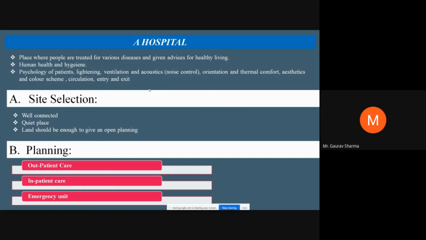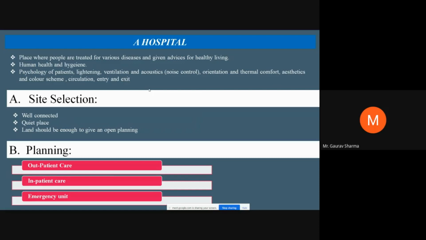For example, a hospital dealing with tuberculosis, TB, is quite infectious to other citizens of the city, and that's why it should be properly distant from the main city area. It should be well connected, but it depends on the facilities to be delivered by the particular building.